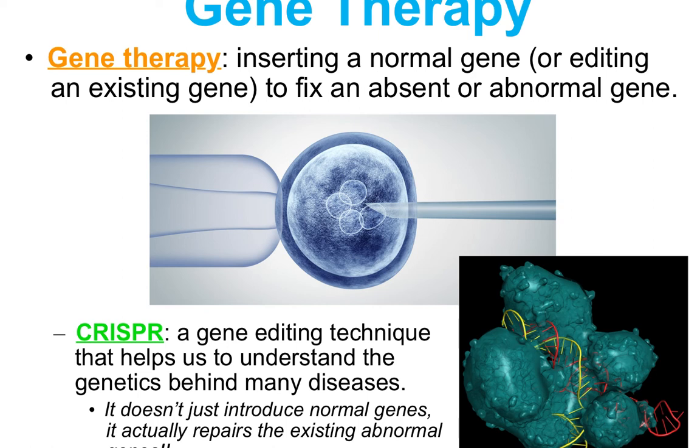It doesn't just introduce normal genes, it actually repairs the existing abnormal genes. I should probably mention that this type of repair is sometimes something that happens naturally during the first part of fertilization. But we can use these editing techniques to get behind the disease and start to actually edit the DNA inside the human.